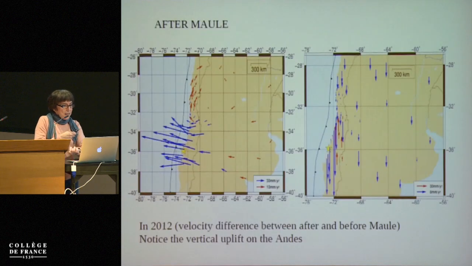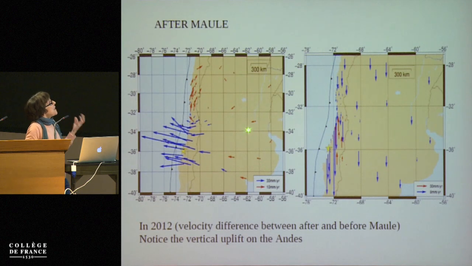Now, if we look at the data at other places, for example in Chile, you can see here the velocities after the Maule earthquake, the Chilean earthquake. Again, perturbations of more than 1 centimeter per year almost through the whole continent.